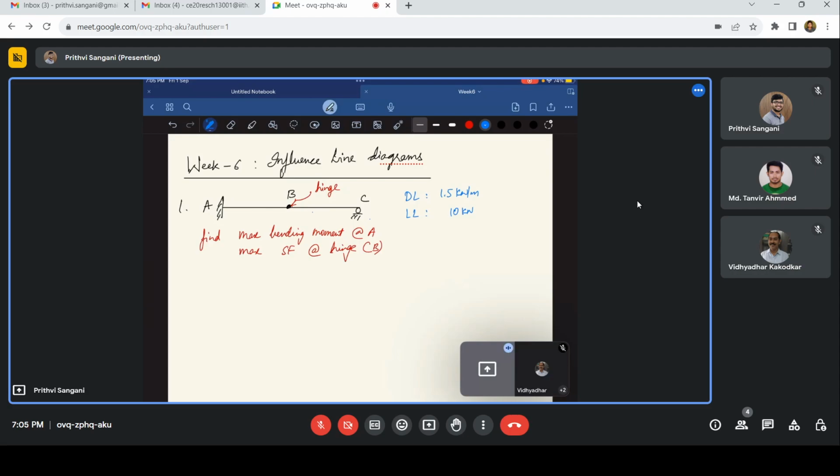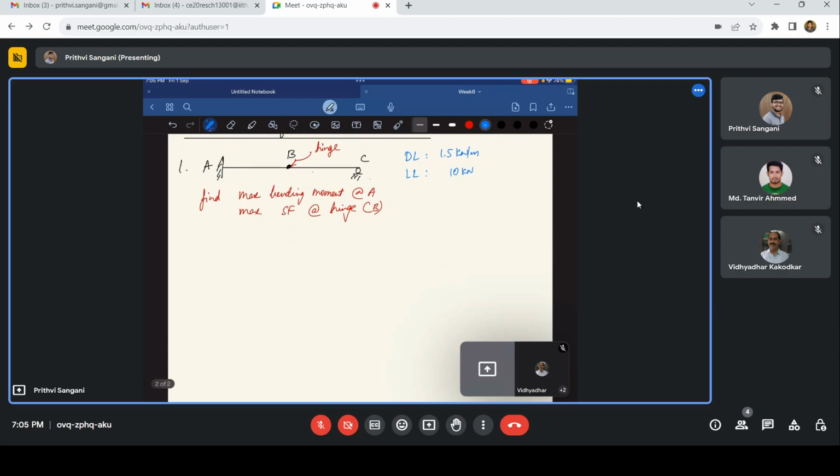Initially, they are asking about the maximum bending moment at A. So let us start solving the question. We need the maximum bending moment at A. We'll go from the basics: we'll take a unit load and start moving it from A to B and then to C. Then we'll find the bending moment at A, and then instead of the unit load, we'll use the live load, which is given as 10 kilonewtons.